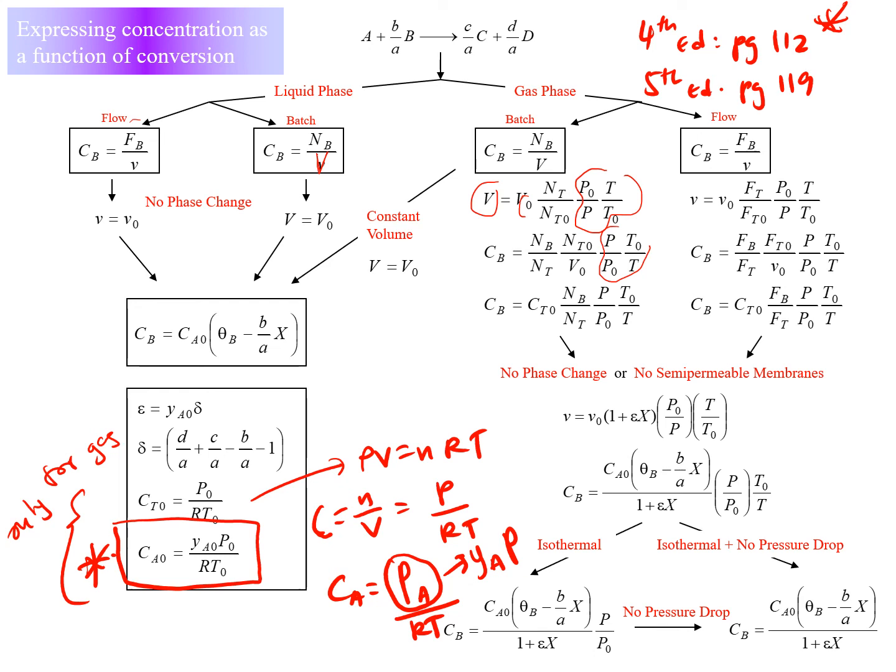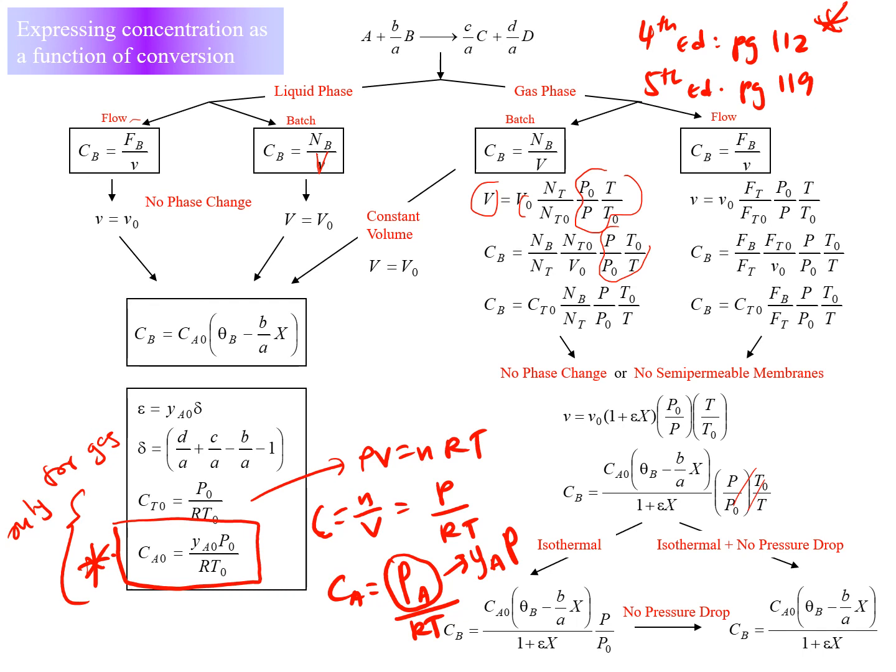And if there is no pressure drop and also it is isothermal, you can cancel these two terms, and it becomes this one. So this one is for the gas phase.